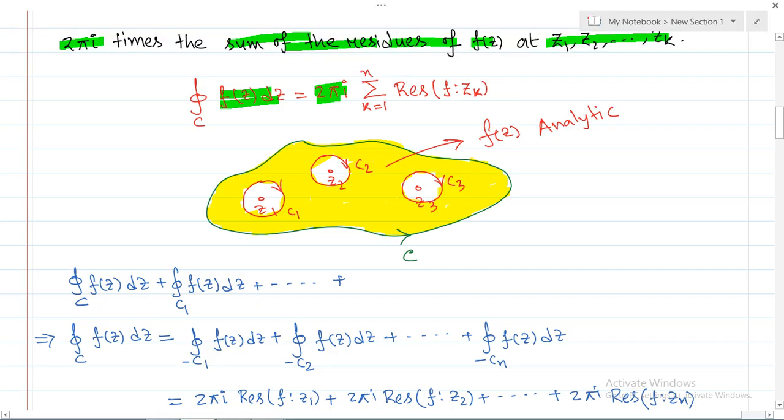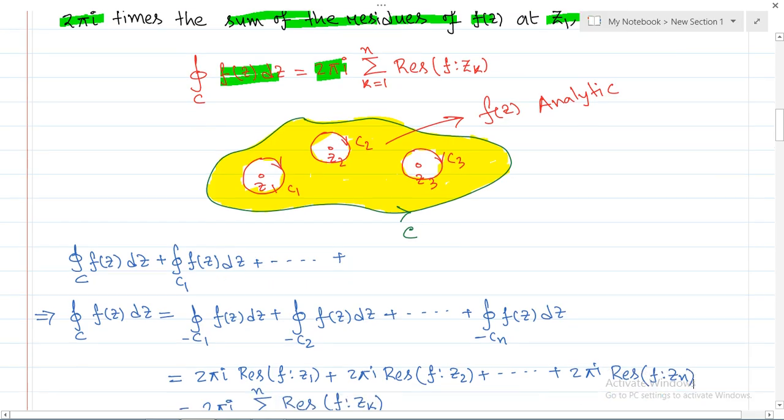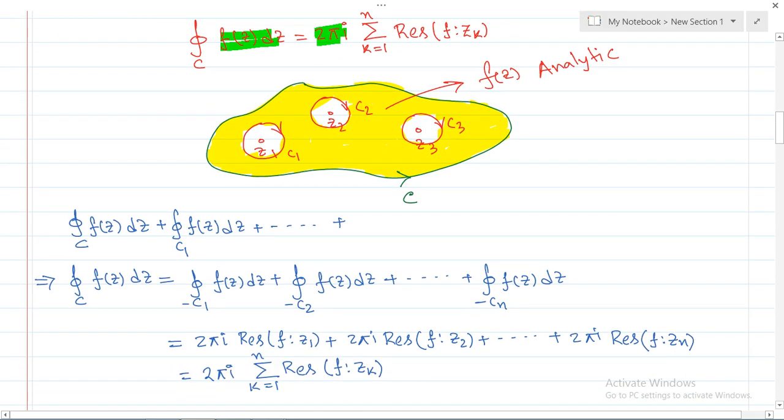Now by Cauchy's theorem, if we make those singular points lie outside of the domain, then the value of the integration of f of z along the boundary of the curve is going to be 0 only. So we integrate f of z throughout the curve C, along with small circles surrounding the points z1, z2, zk, but the orientation of the circles I have taken in the clockwise direction.